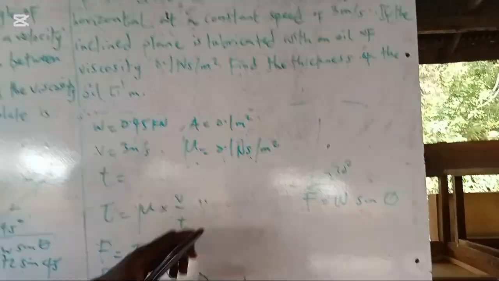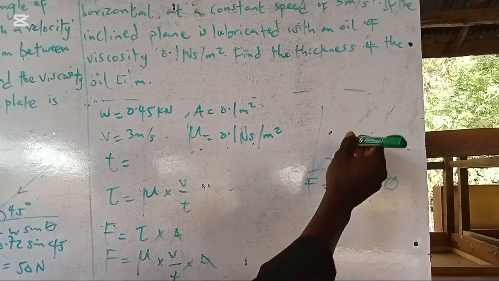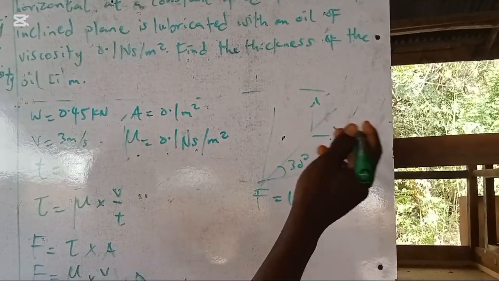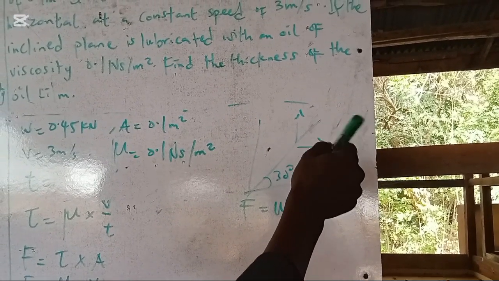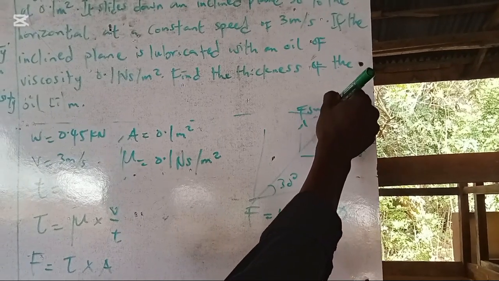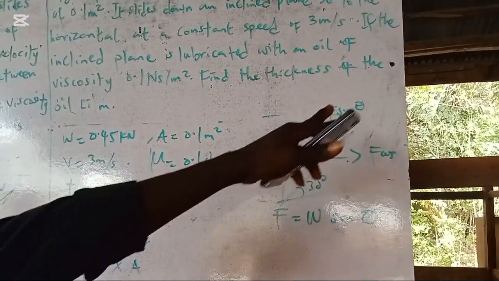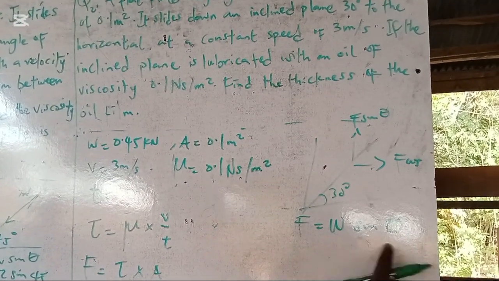Why? Because it slides down an inclined plane. When we determine the vertical and horizontal components, the horizontal component is F cos theta and the vertical is F sin theta. But now we are dealing with the inclined plane where the object is sliding downwards, so this is what we use.